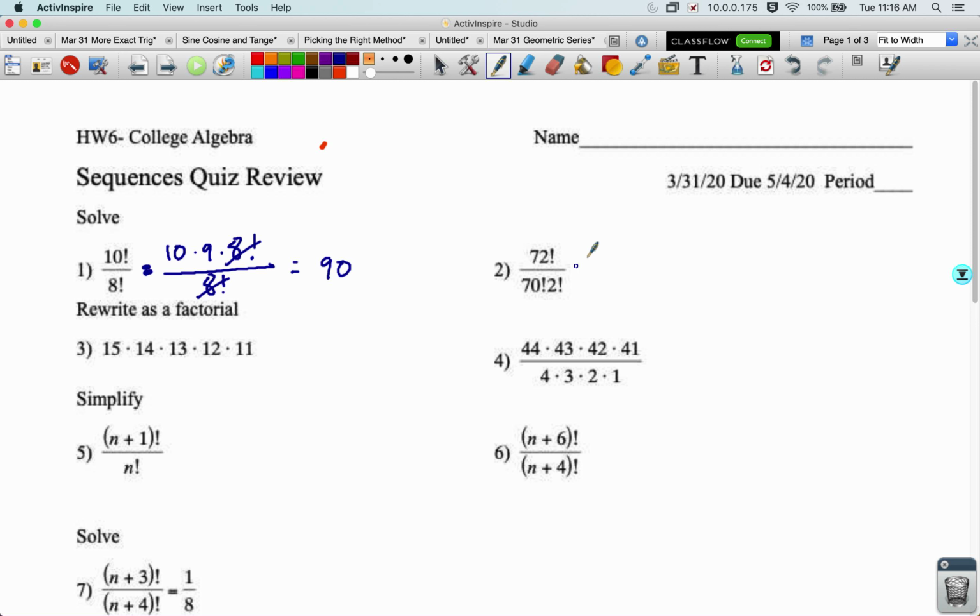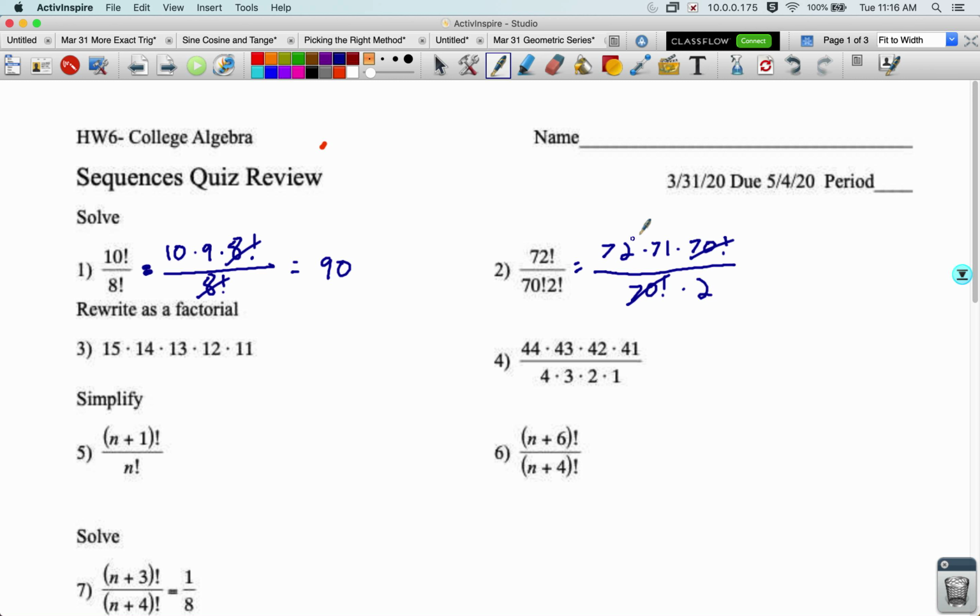All right, very similar thing here. We want to start backing up the bigger number, so 72 is the bigger number. I'm going to rewrite that as 72 times 71 times 70, and it would keep going, but now I've reached 70, so I can just write 70 factorial. And now the 70 factorial can cancel out. And this is over 2 factorial, which is just 2 times 1, which is just 2.